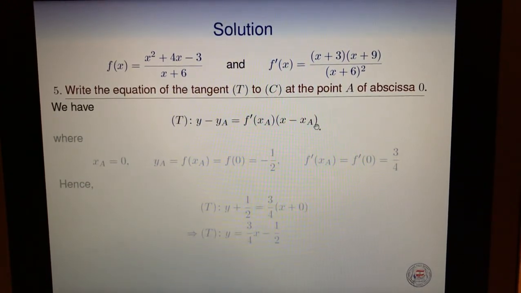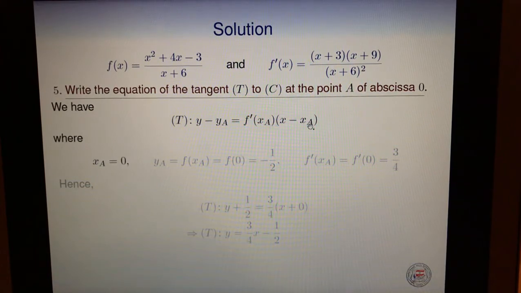So xa is given, xa is equal to 0. Why? Because in the question they said write the equation of the tangent t to c at a point A of abscissa 0. So xa is equal to 0.